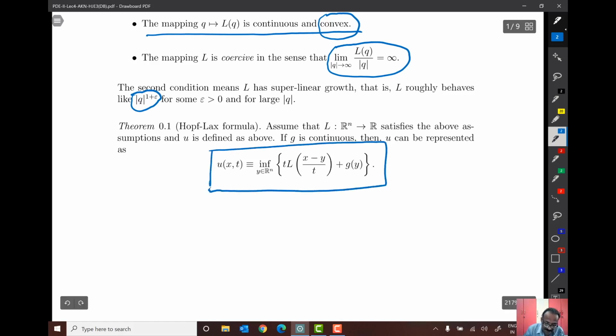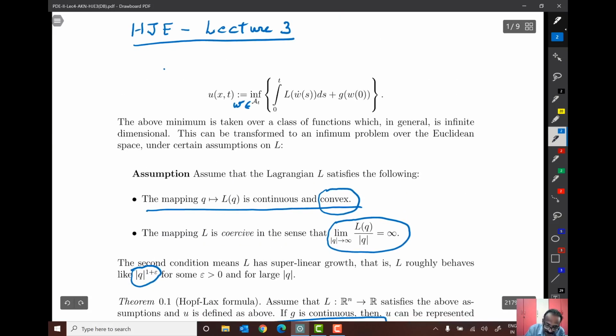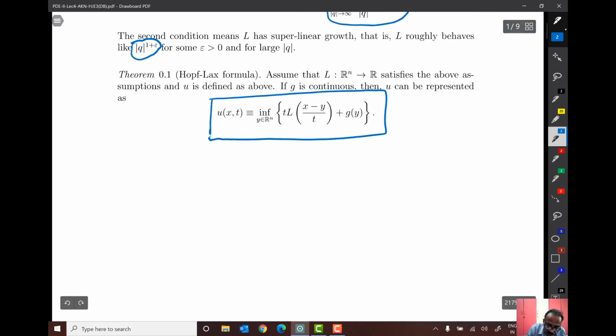The difference between this minimization over trajectories, on the other hand, and this minimization over R^n, that's the difference. We are going to use this Hopf-Lax formula to derive some properties of u. Eventually we want to show that u satisfies some Hamilton-Jacobi equations.